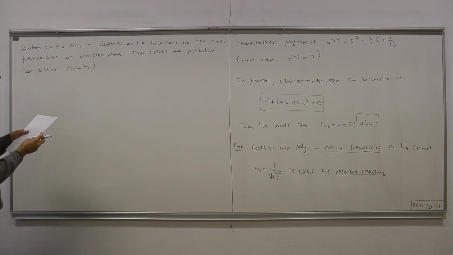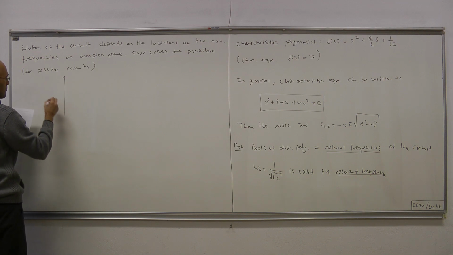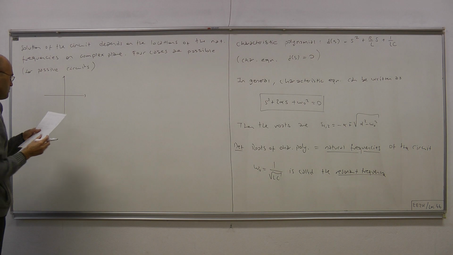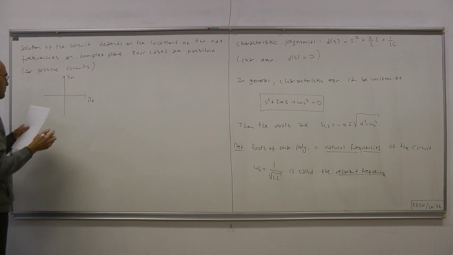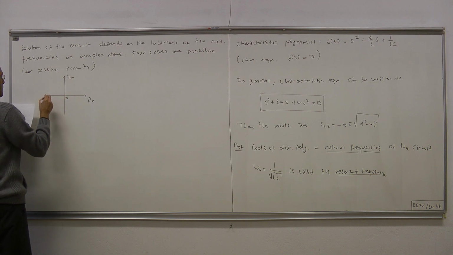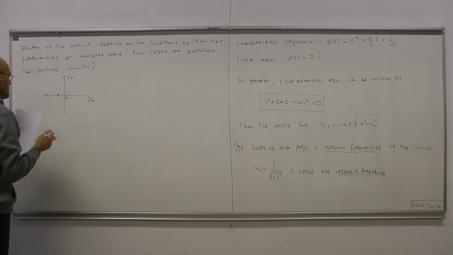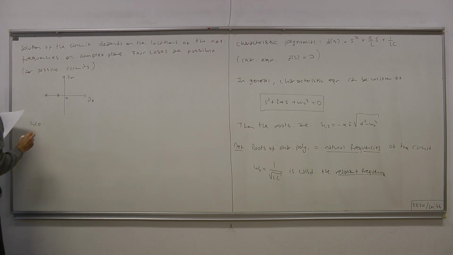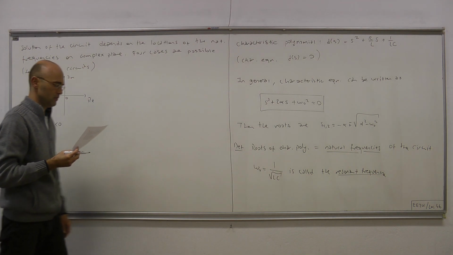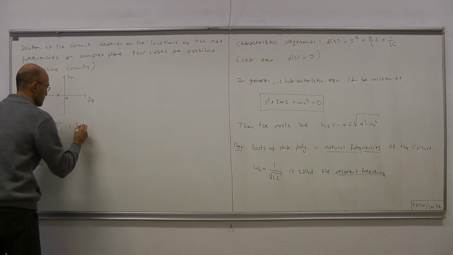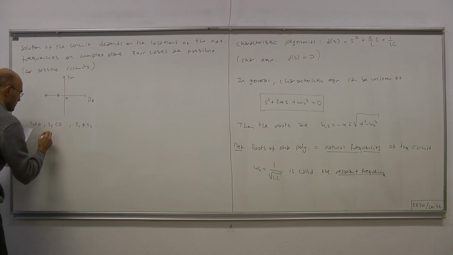So we have this possibility. This is the imaginary axis, this is the real axis, the origin, and we have a natural frequency here, and we have another natural frequency here. So S1 and S2, both negative and real, also they're different from one another. This case is called overdamped.